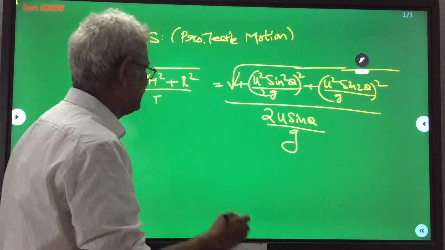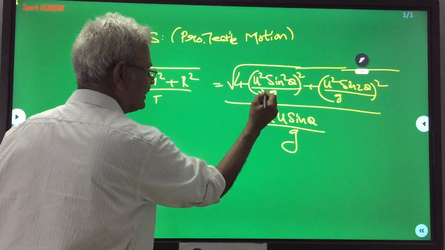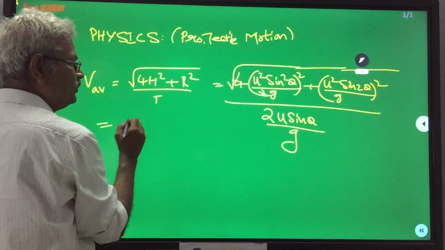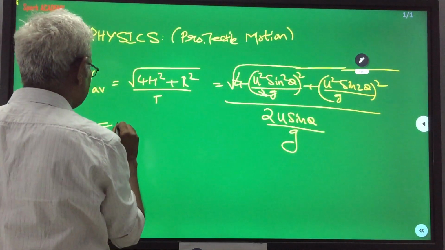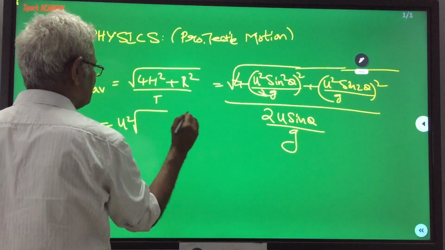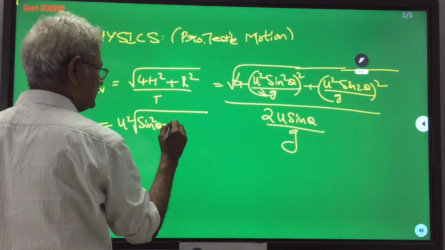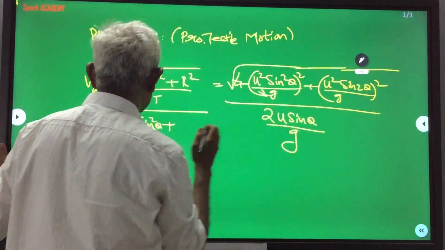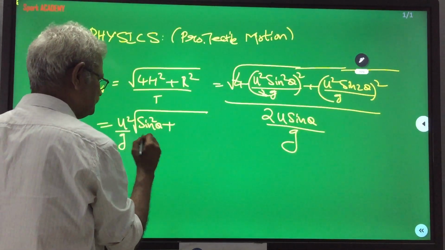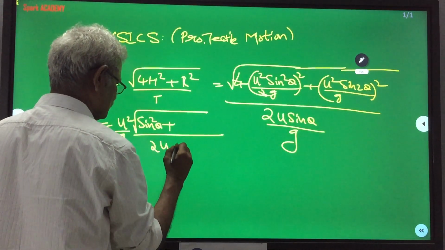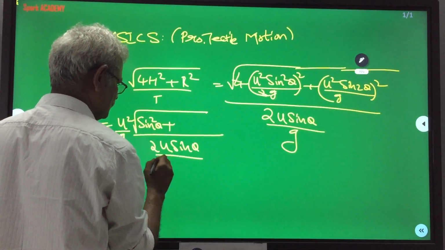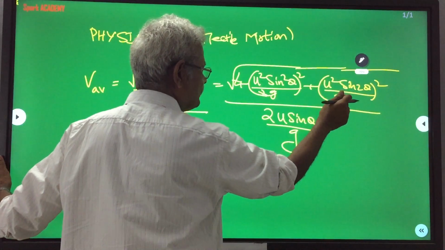Here, this 2 square gets cancelled. And here we can take u square common, it comes out as root of, and by g square it comes out as g. And u square by g has come out. Now, what is sin 2 theta?